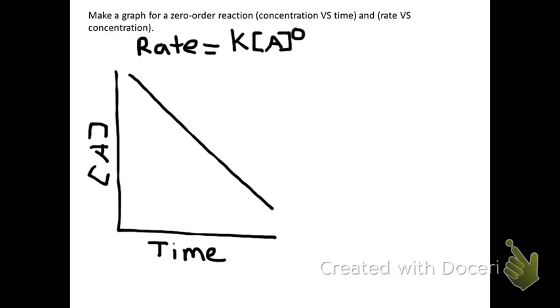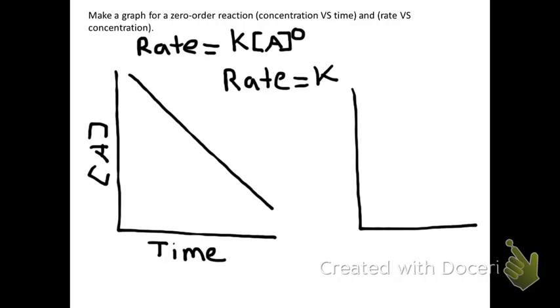That is because the rate is equal to the rate constant K. Alright. And that will give us a straight line path. Alright. Now, if we draw another graph showing rate versus concentration of A, right?